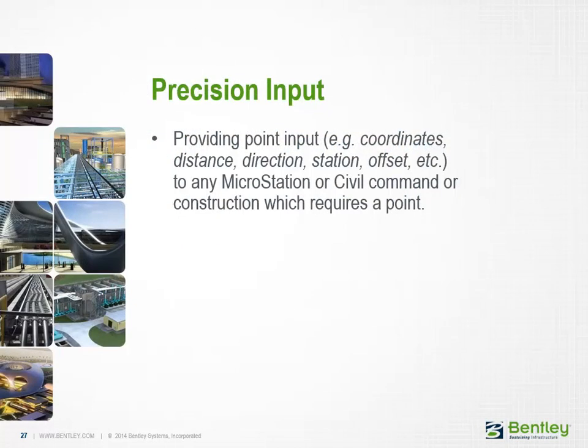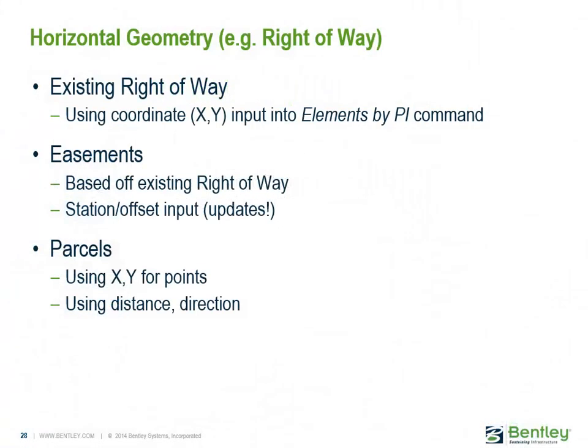Now let's look at the first one of these primarily, and that's precision input, providing that point input to any MicroStation or civil command. I want to look at a few examples of this. The first one, we'll look at horizontal geometry, for example, maybe right-of-way, where you might want to use Civil AccuDraw to place existing right-of-way using coordinate XY information into the elements by PI command.